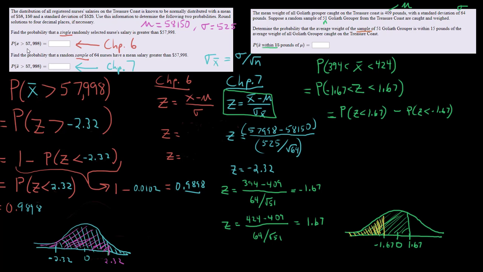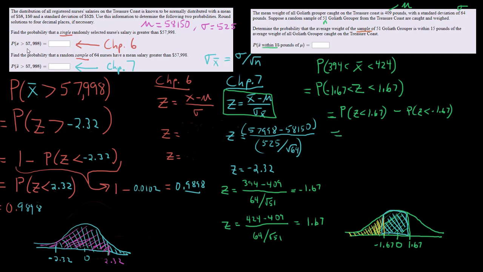And when I look up negative 1.67 and subtract, what I'm left with is just the original region here, which is what I wanted all along. So that's why this method works, because of the way our chart is set up. It always gives area to the left.